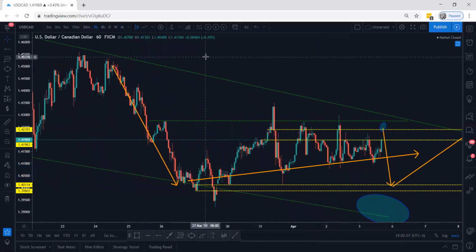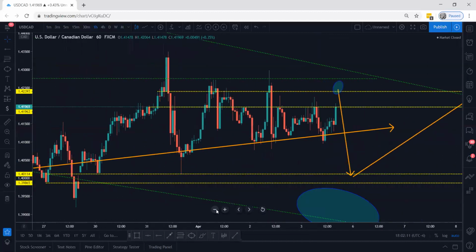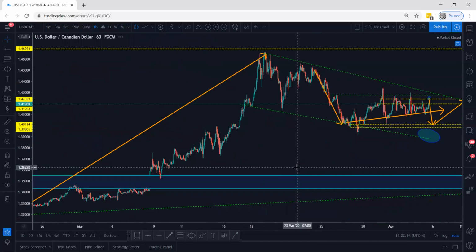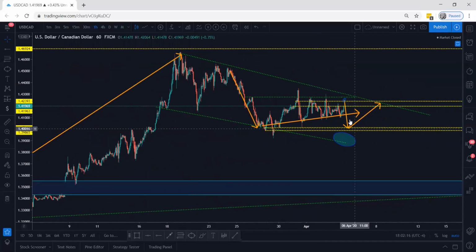So overall, I'm looking for a buy on the higher time frames on USD CAD. It's not quite ready for the buy. So if you want to scalp from the top of the flag to the bottom of the flag, just be cautious of where you are in the market, protect your profits, and look for that area. So those are just a couple of pairs.